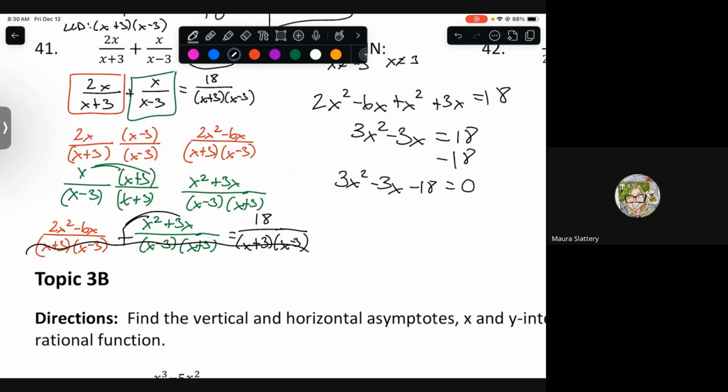Looking at this, there actually is a GCF we can take out. So I'm going to take out a GCF of 3. And then at this point, I just have to see what multiplies to this and adds to this. So I end up with an x minus 3 and an x plus 2.